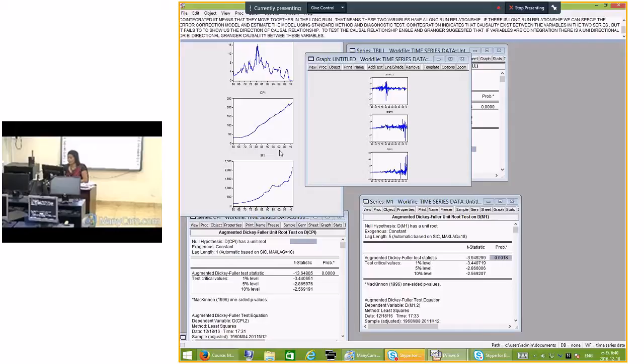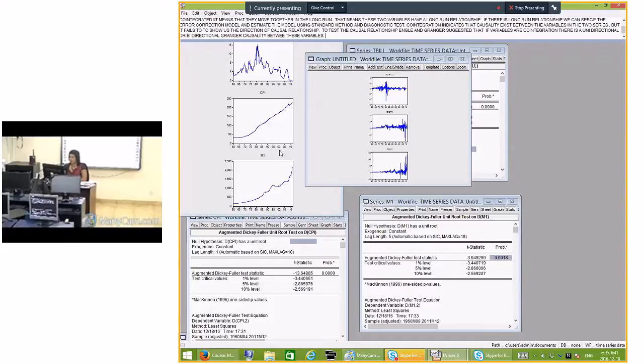After that you need to test whether there is a long run relationship or not using the co-integration test. If the co-integration test shows a long run relationship, it fails to show the direction of the causal relationship, positive or negative.